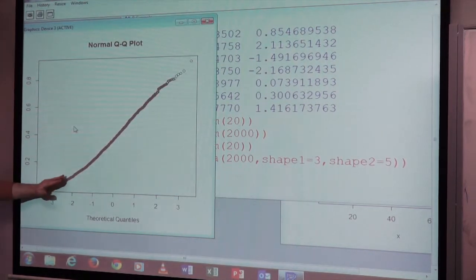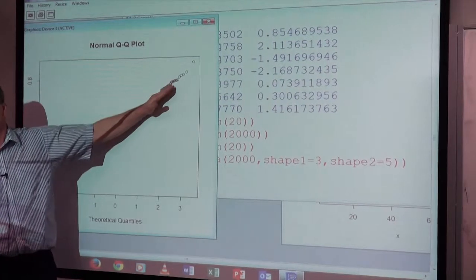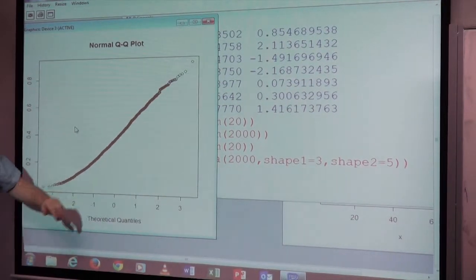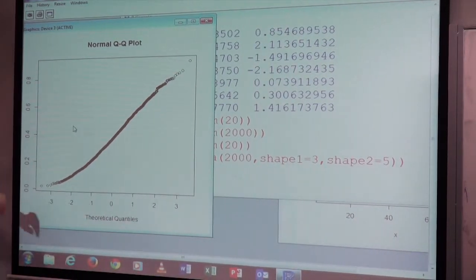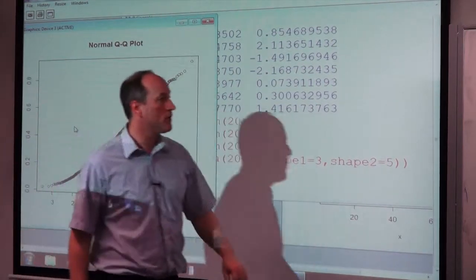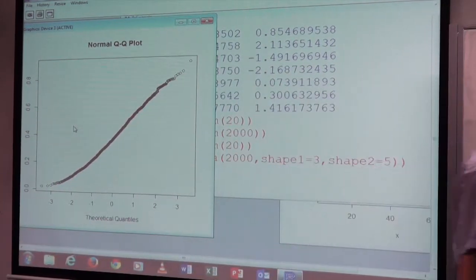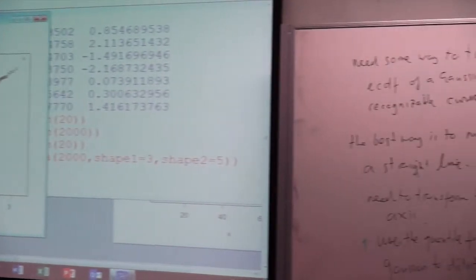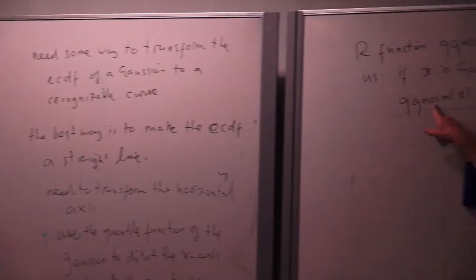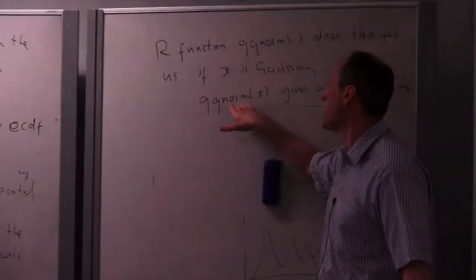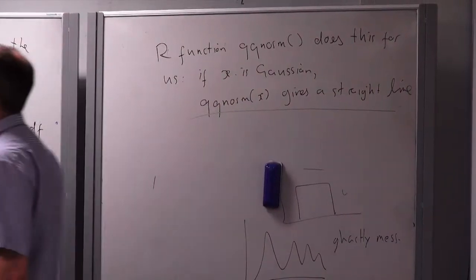That beautiful straight line has been lost and we see a curve on our data. Okay? The transformation that qqnorm uses is specific to Gaussian. That's one of the beauties of the Gaussian distribution, that there exists a nice transformation in order to make the line straight. Not a lot of distributions have that.